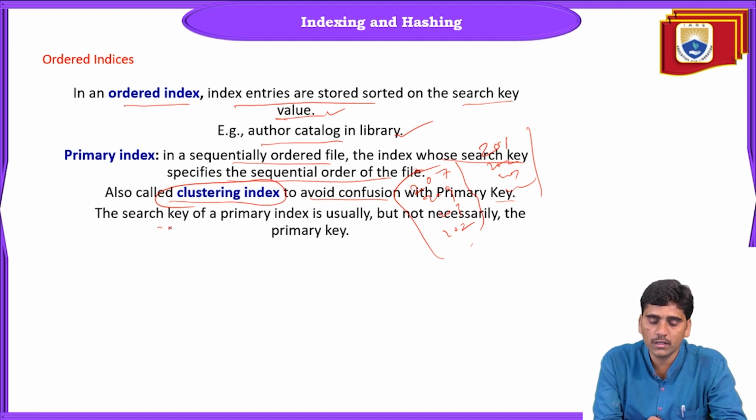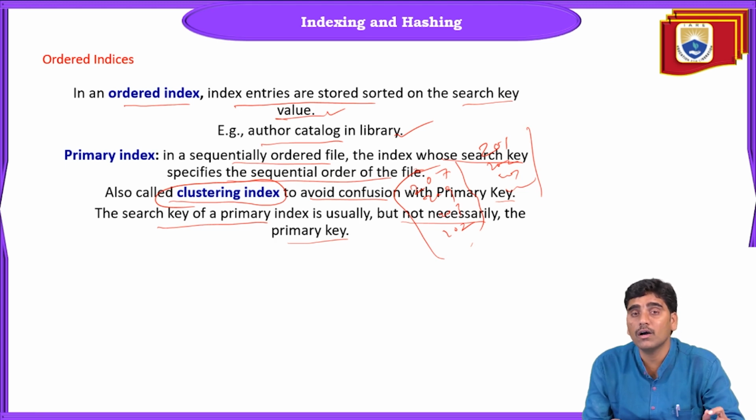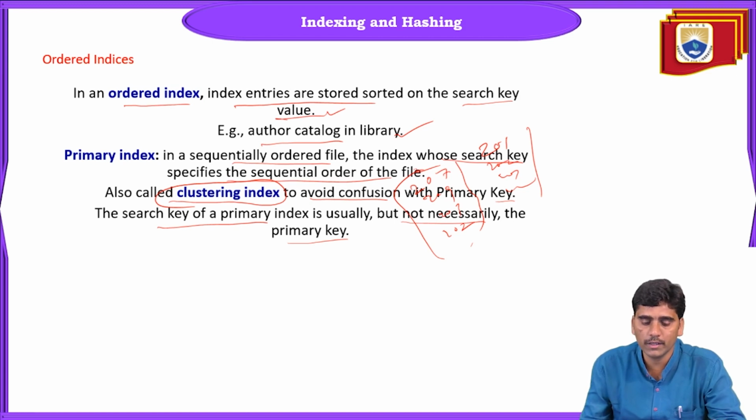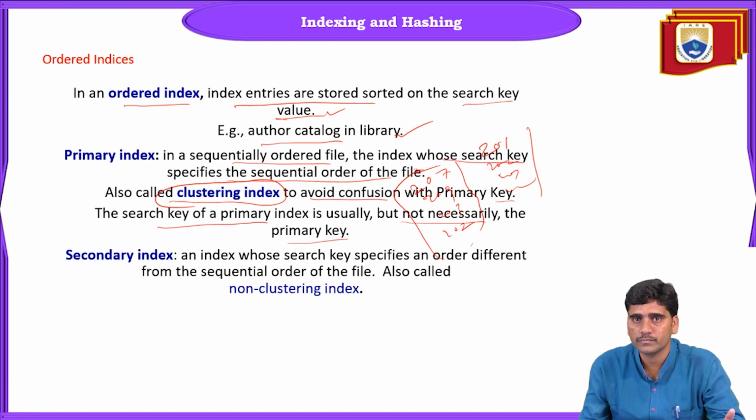The search key of the primary index is usually, but not necessarily, the primary key. So the primary index contains the sequential order of the file, and its search key specifies the sequential order of the file.